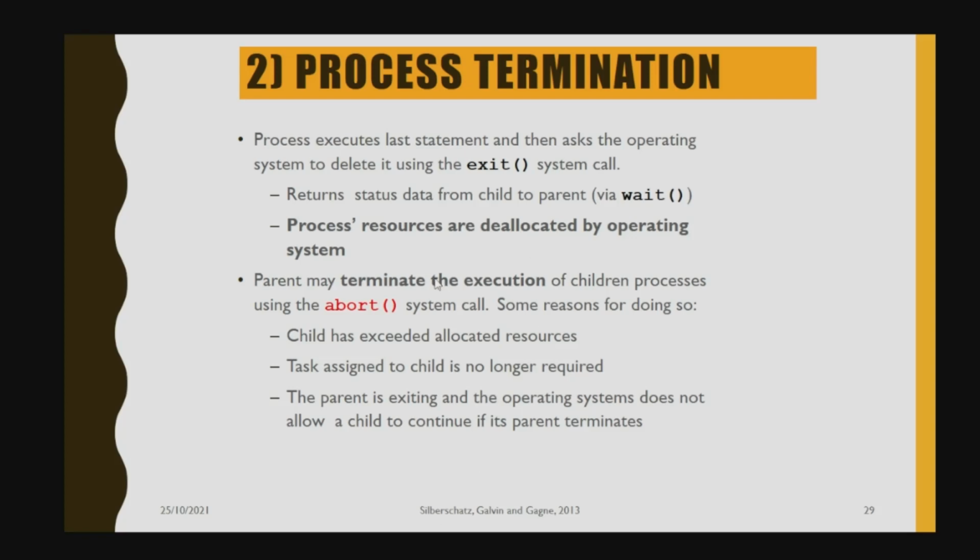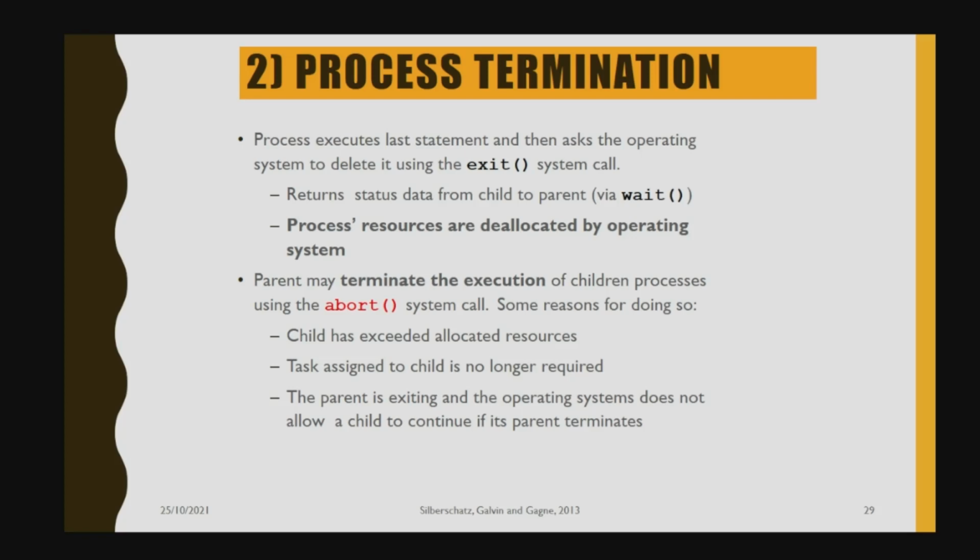The parent may terminate the execution of children processes using the abort system call. Some reasons for doing abort, or terminating during execution, are: first, the child has exceeded its allocated resources. Second, the task assigned to the child is no longer required.